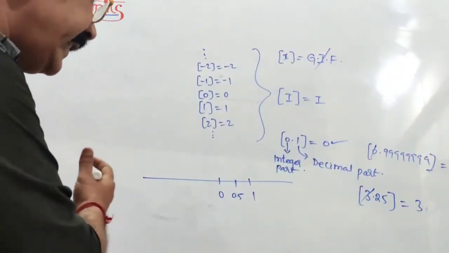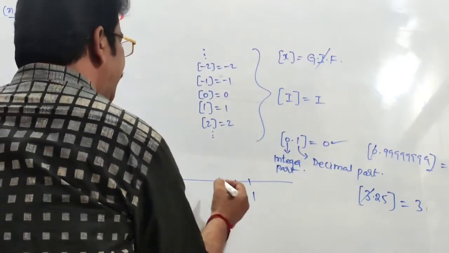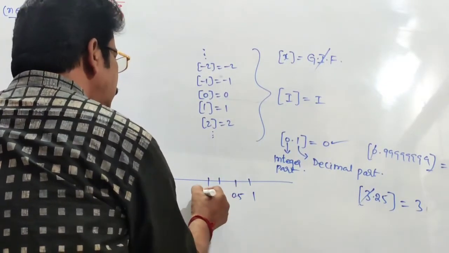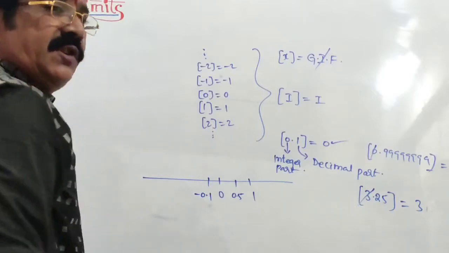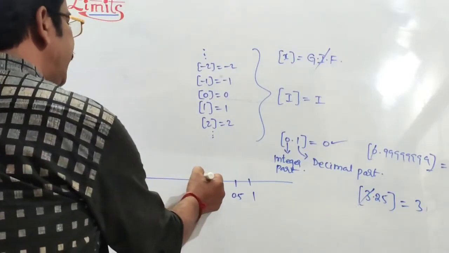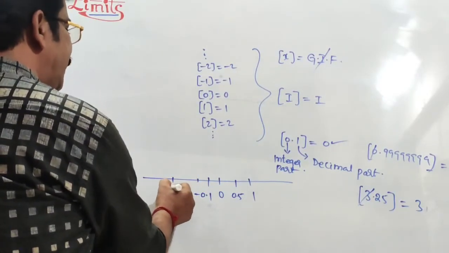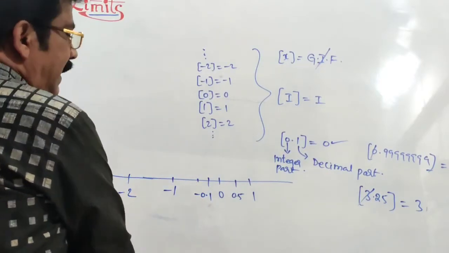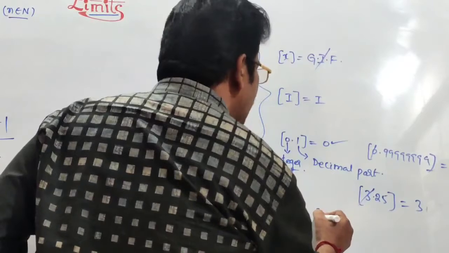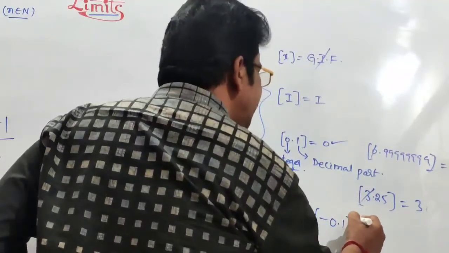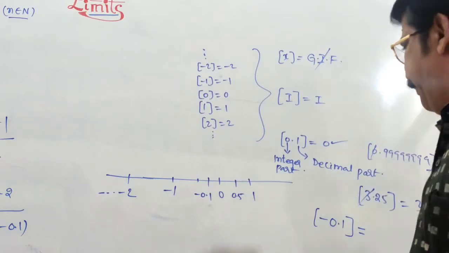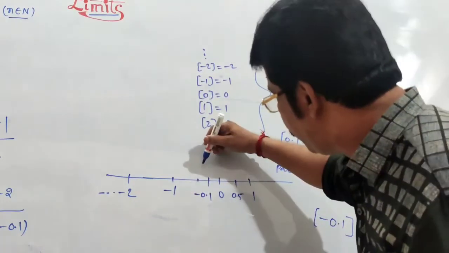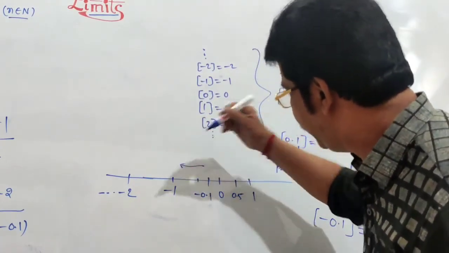Next, come to the negative side. For example, this is minus 0.1, minus 0.2, just like that. For example, it is minus 1, later minus 2 will be like that. So, box of minus 0.1 is what? This is the important point. Minus means negative side, left hand side.